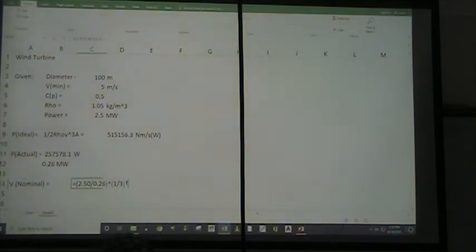All right, times 5.0. So to generate the design amount of power, we have to have 10.6 meters per second of wind.